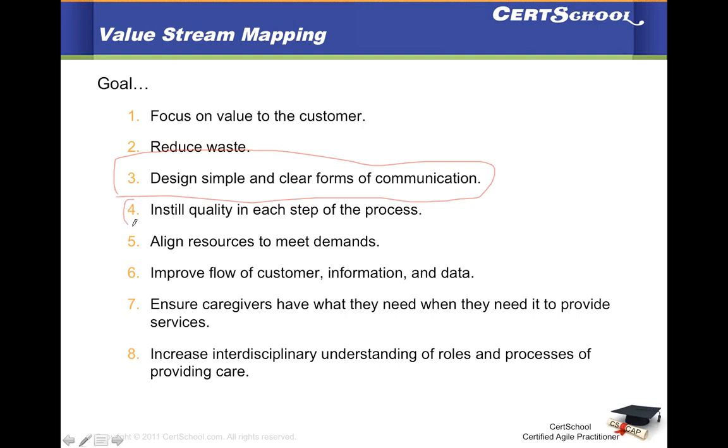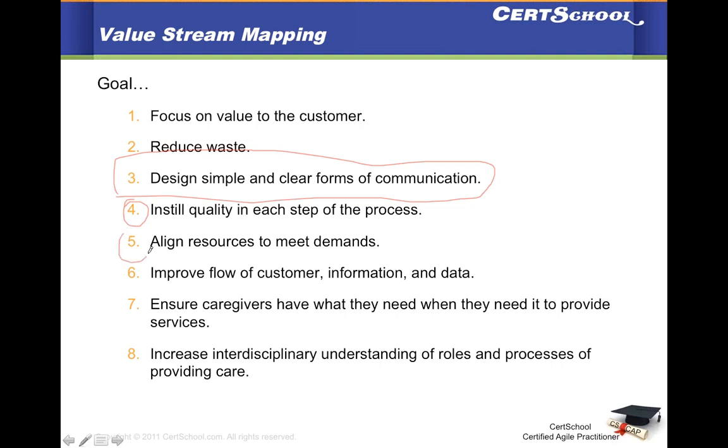Number 4 is instill quality in each step of the process. Now that you have identified those nodes on which you are actually doing the hard work in that whole process, you want to instill quality in the good work that you're doing in every single node. You can do that only if you have a value stream map, only if you know which steps are there.